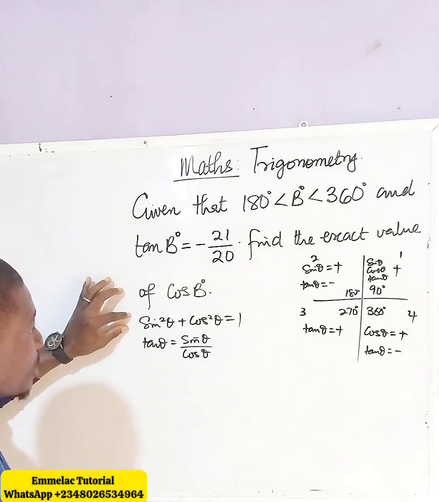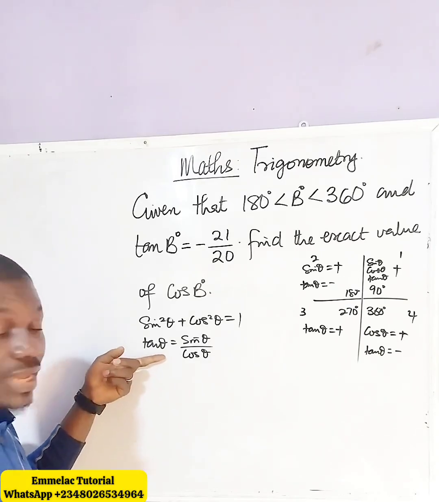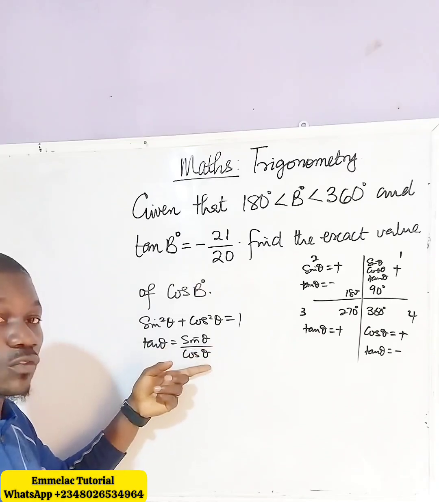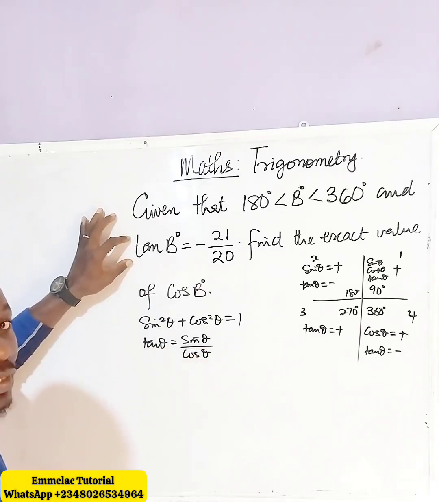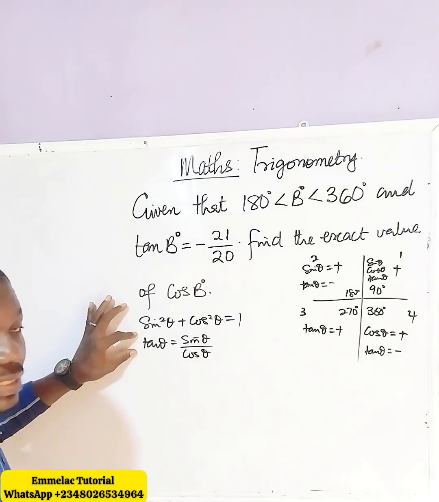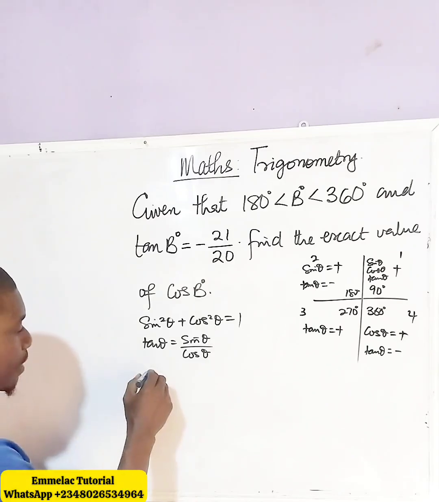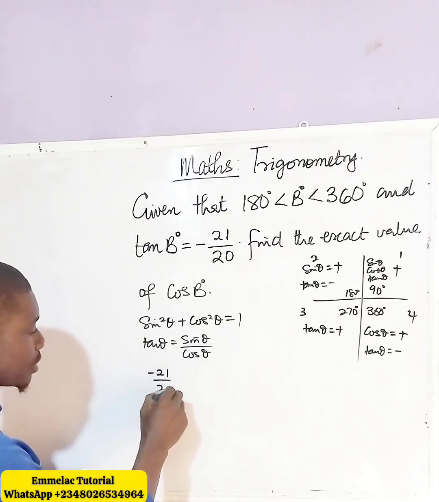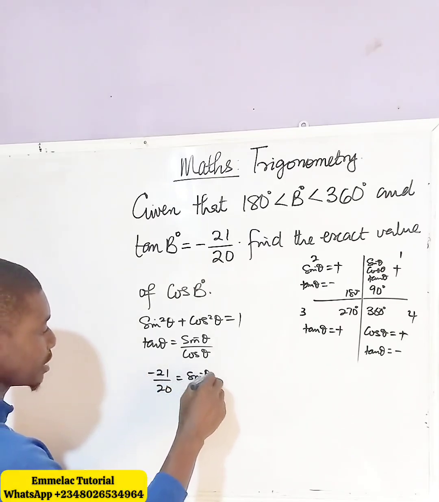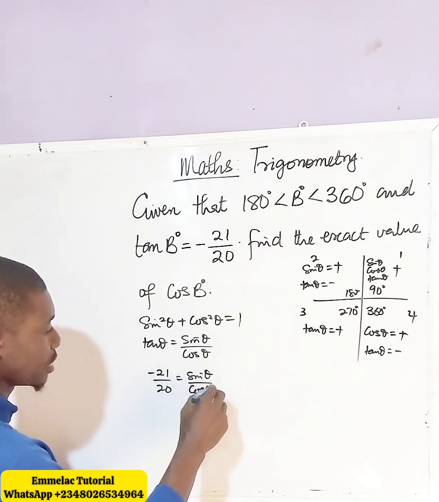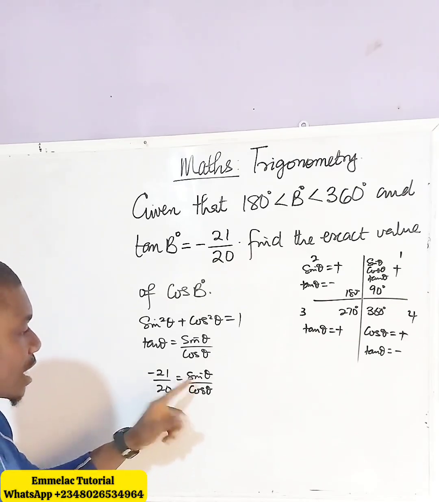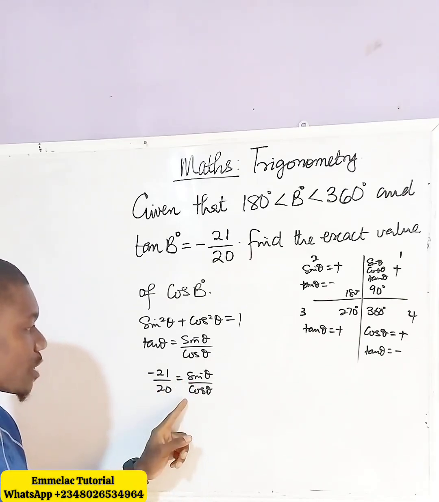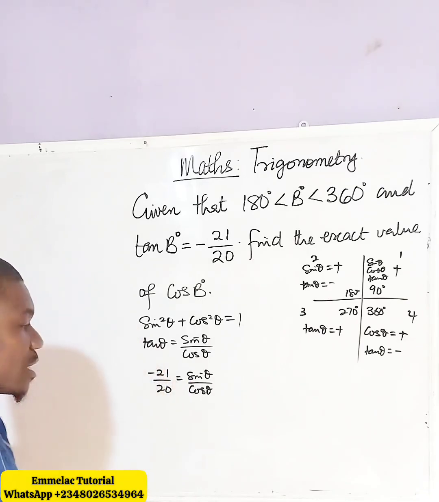Because tan theta equals sine all over cos, let us plug in the value of tan b for tan theta. So here we have minus 21 all over 20 equals sine theta all over cos theta. Let us make sine theta the subject of formula here, then plug it in.